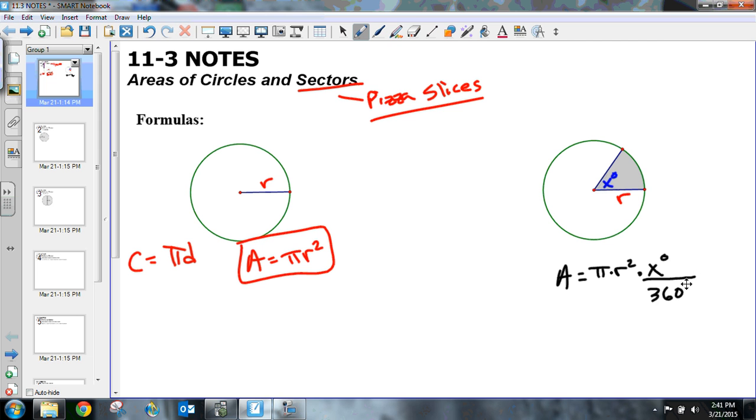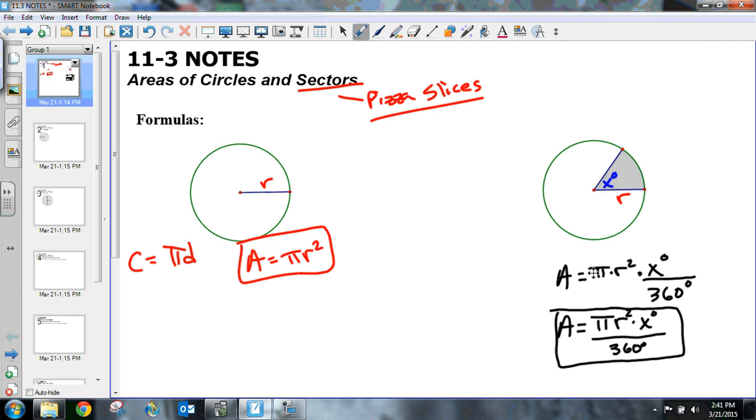So you're basically finding a fraction of a circle here using the pizza slice. So area is equal to pi times my radius squared times x degrees, divided by 360 degrees. And that's my formula for the area of a sector or the area of a pizza slice.